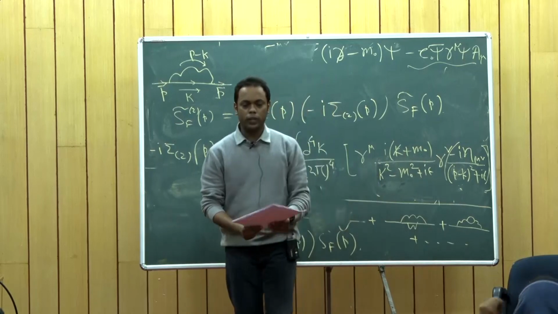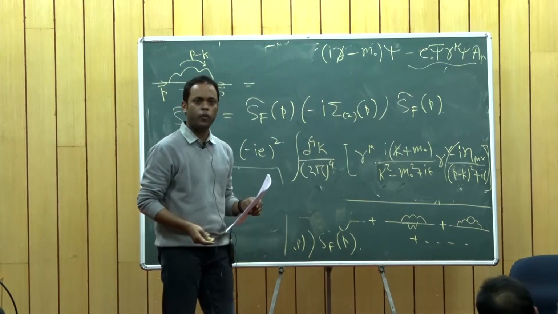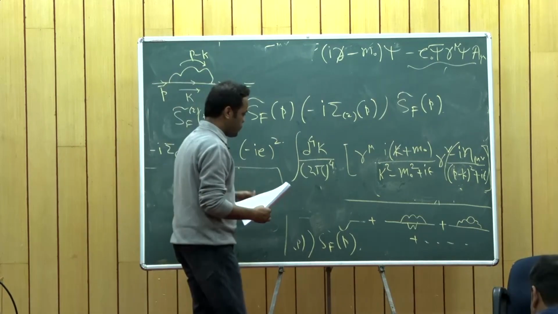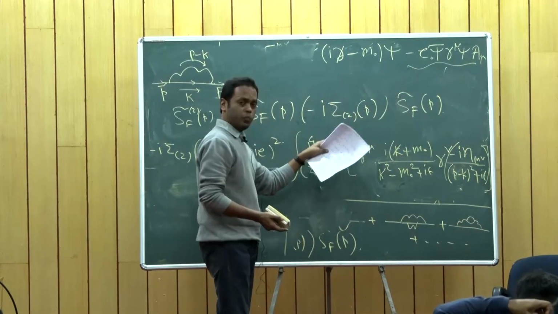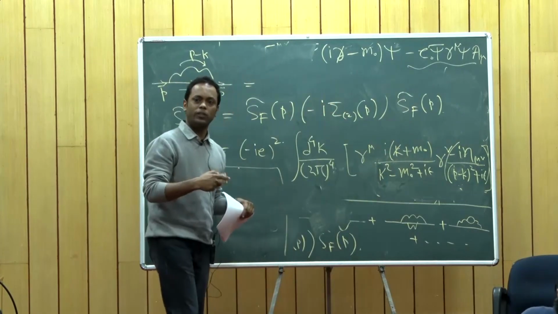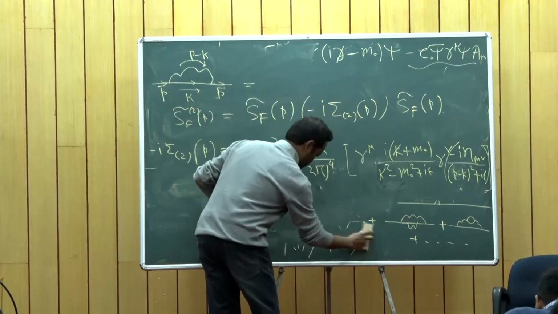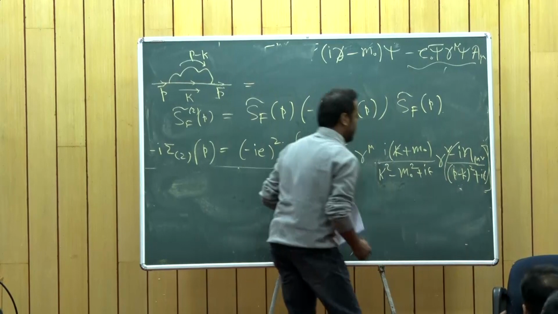So it's like k to the power 5 over k4, so it's quadratically divergent, right? But the linear term will cancel precisely because of what I told. So ultimately we'll see a logarithmic divergence in this, and we'll try to regulate that.